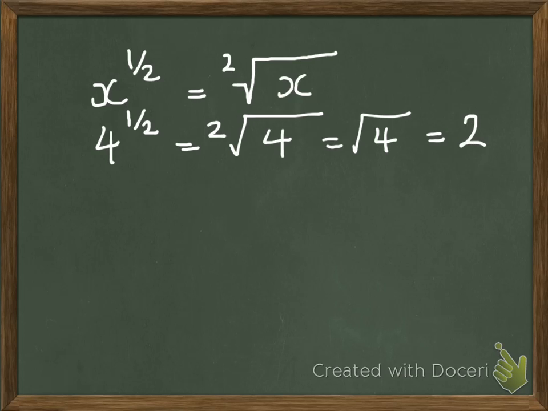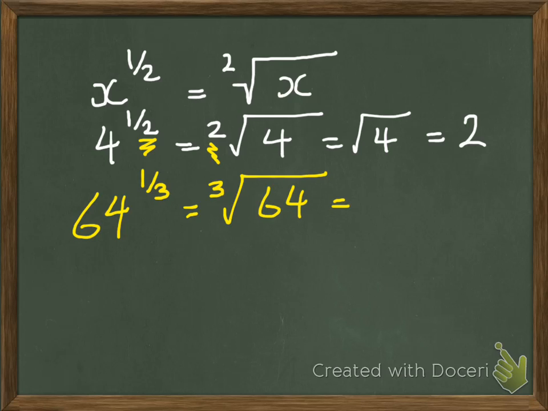You can sort of take that on, because whatever the number is here is always repeated here. So if I had, let me think, what is 64 to the power of 1/3? Well, that means it's the 3rd root, i.e. the cube root of 64, and that is 4.